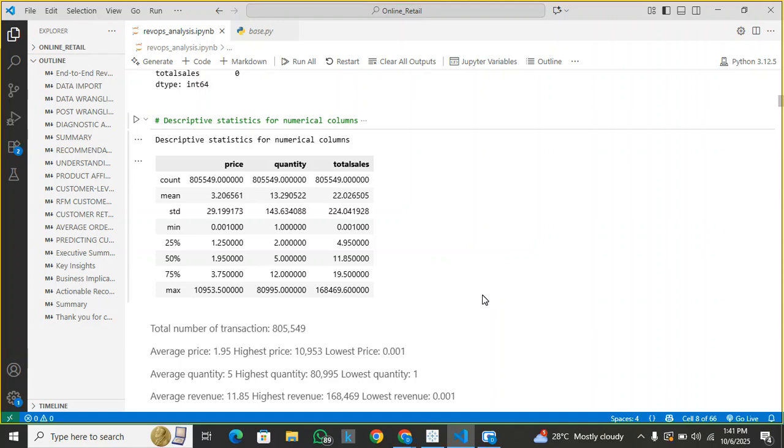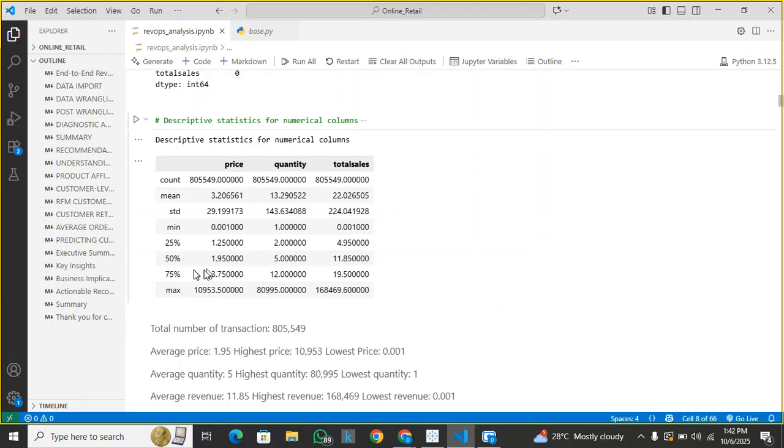The average price of the products sold in this business is 1.9, approximately £2. The highest is £10,953, and the lowest price is 0.001 pounds, which is next to nothing.